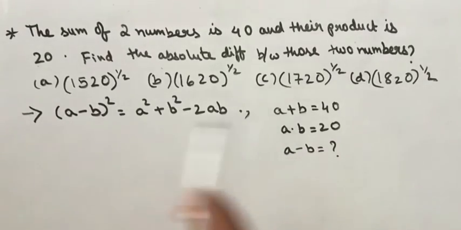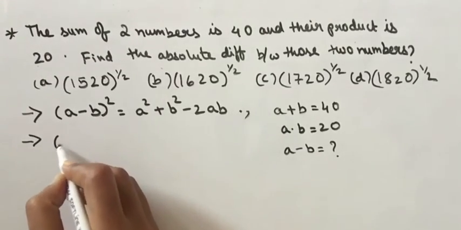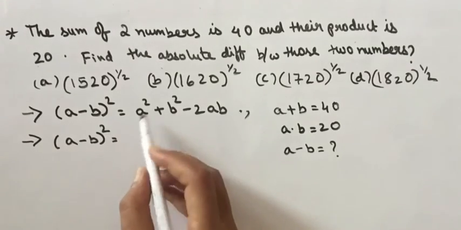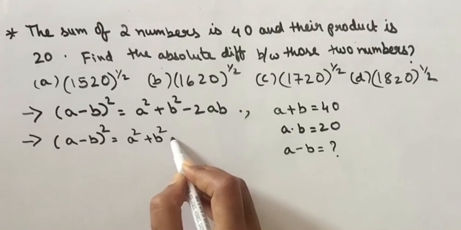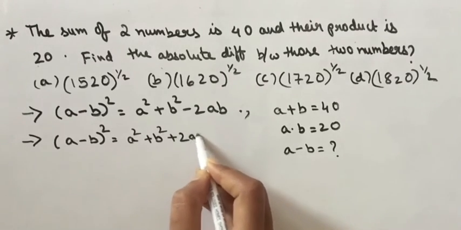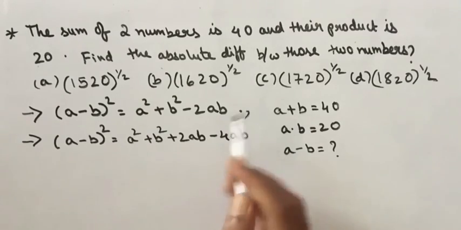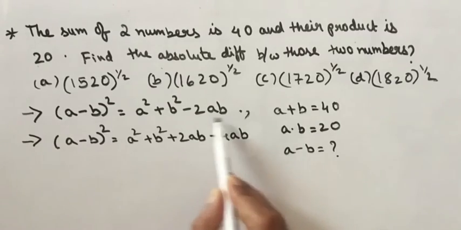Okay, now we can write this formula like a square plus b square plus 2ab minus 4ab, right? Plus 2ab minus 4ab is nothing but minus 2ab.